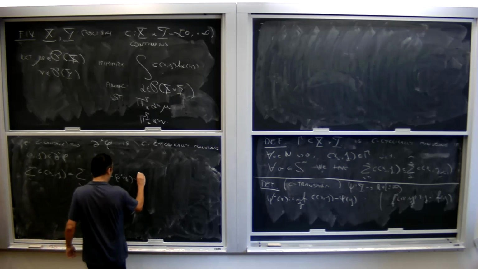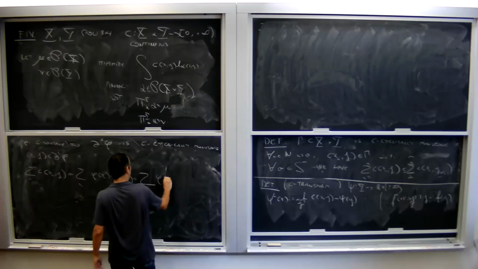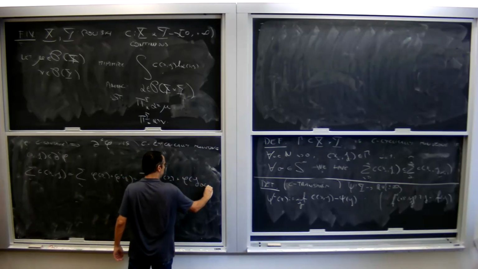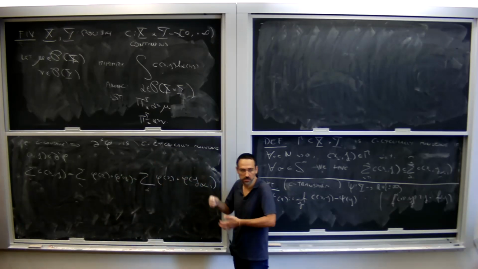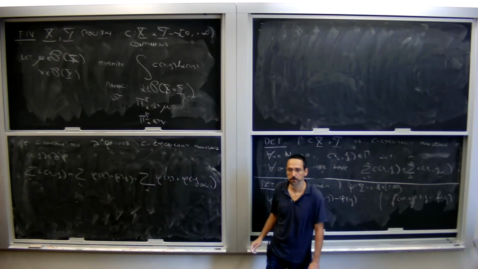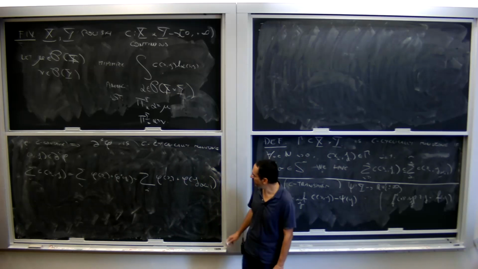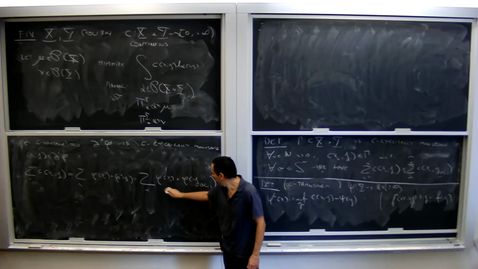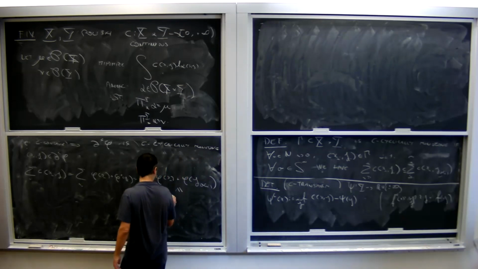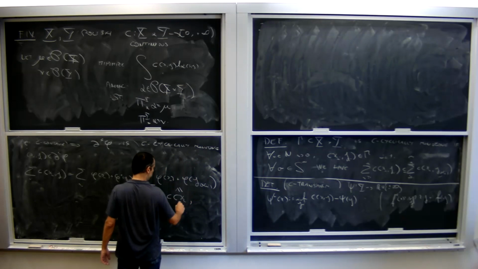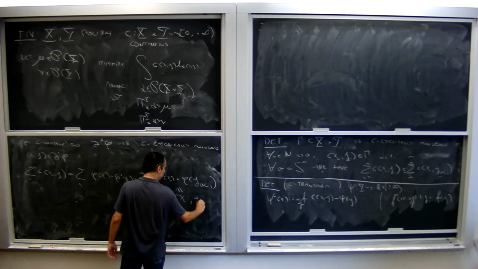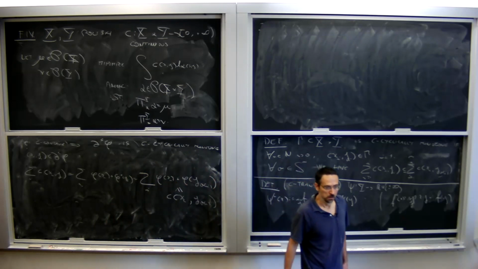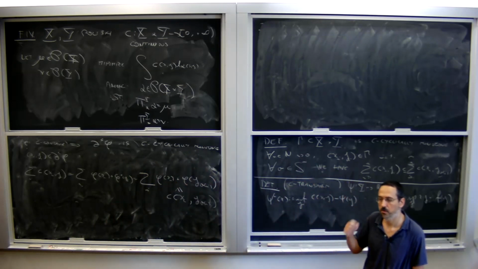Therefore, this is also equal to the sum over i of phi(x_i) plus phi^c(y_sigma(i)). I just rearrange the second terms. But now again, for each term in this sum, this is always bounded from above by the cost of transporting x_i into y_sigma(i).